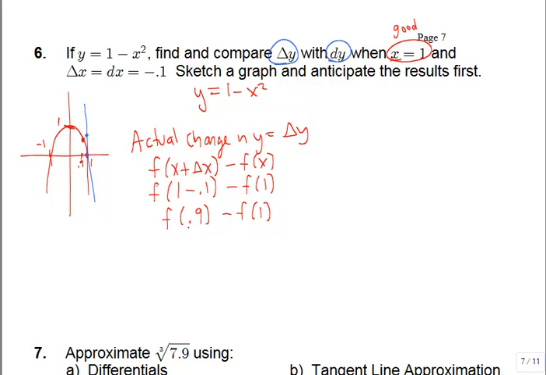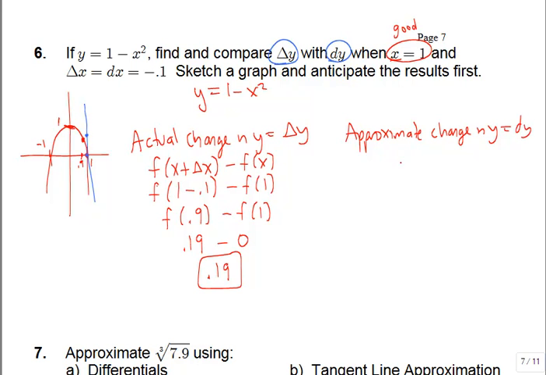So if you punch into your calculator 0.9 into this actual function, you would get 0.19. And if we plug in 1 into the actual function, we just get 0. So the actual change is 0.19. Now let's compare that to our approximate change in y, and that's called dy.